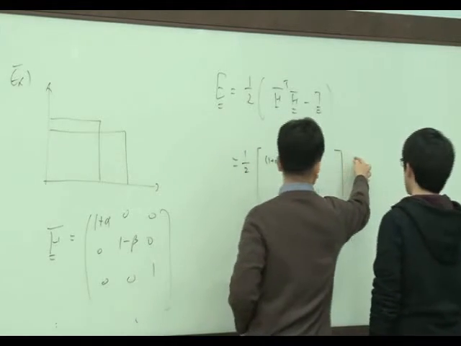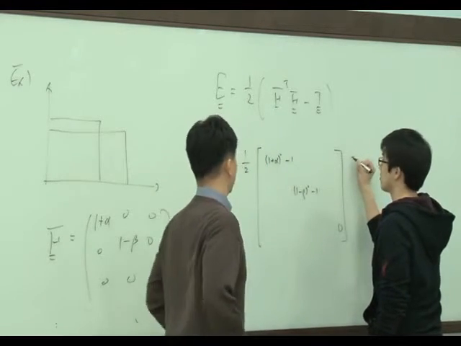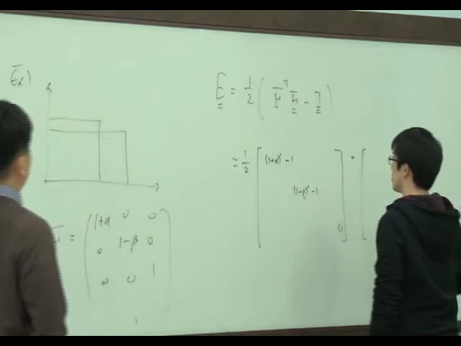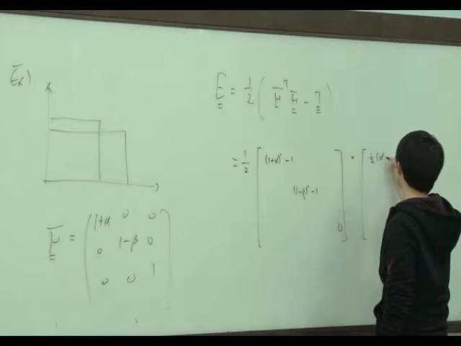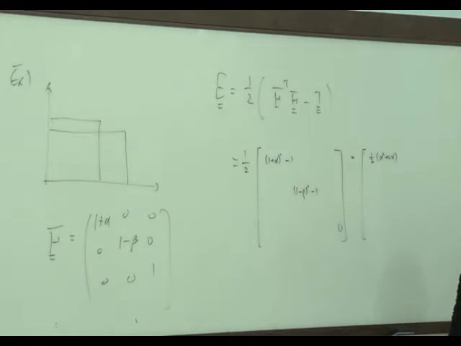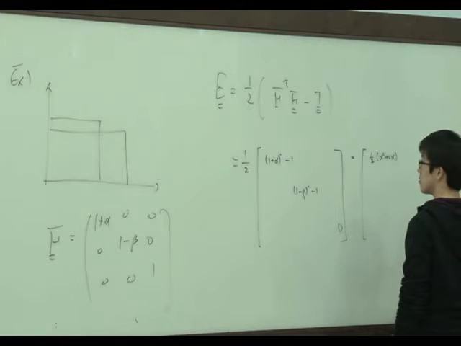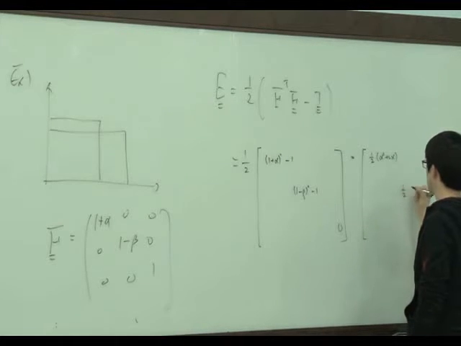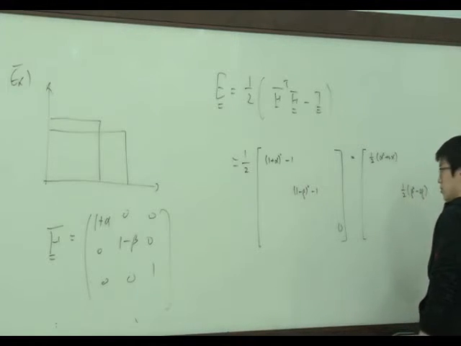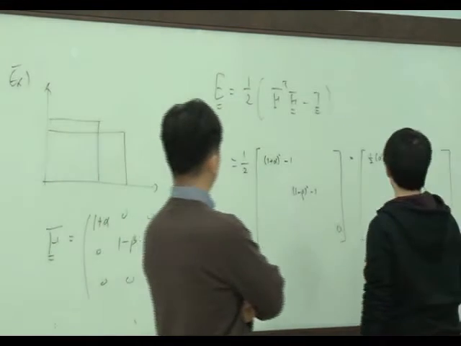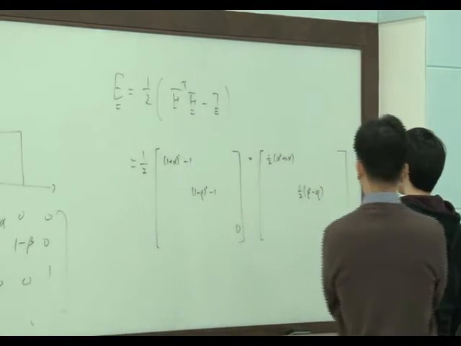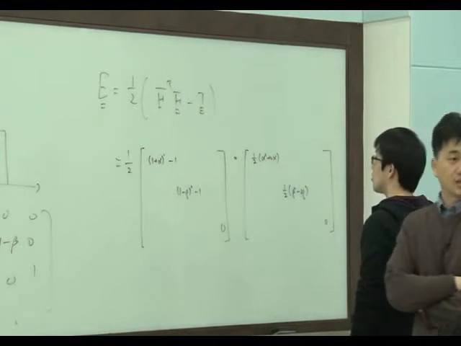So equal, and apply 1 over 2 to it. Okay, yeah, this is correct. This is the Green-Lagrange strain tensor.